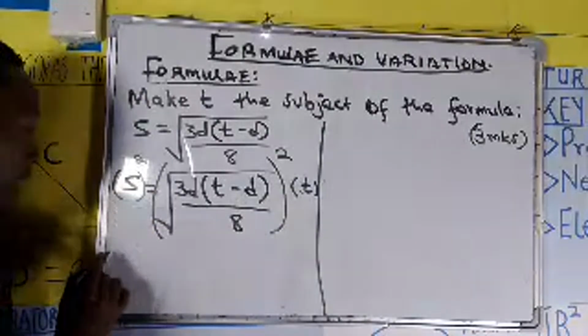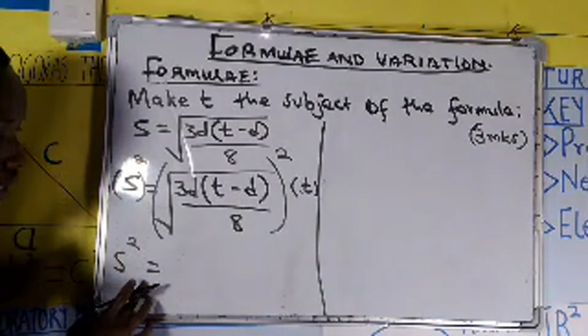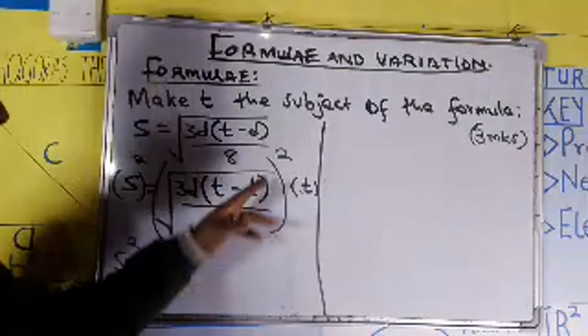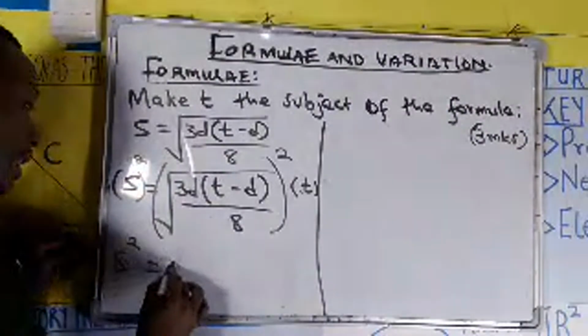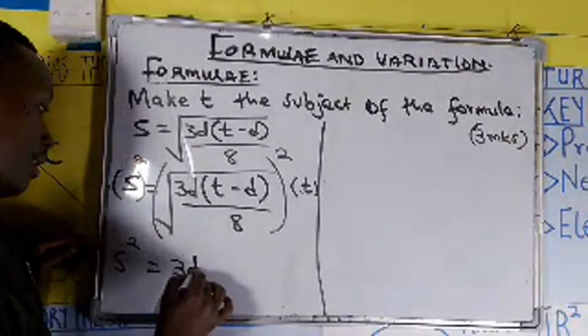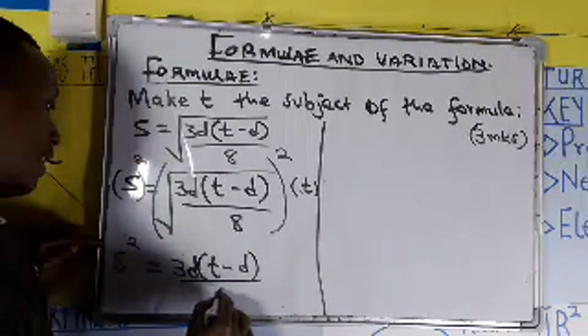So s times s is s squared. When we square this side, the square root sign goes away and we remain with 3d into bracket t minus d over 8.